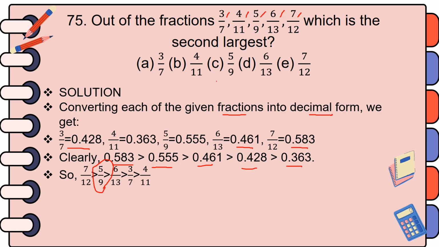So your answer for this question is choice C. To compare the fractions, you have to convert them into decimals, and then you can compare the decimals. Among the decimals, just choose the one that is the second largest. So your answer for this question is choice C.